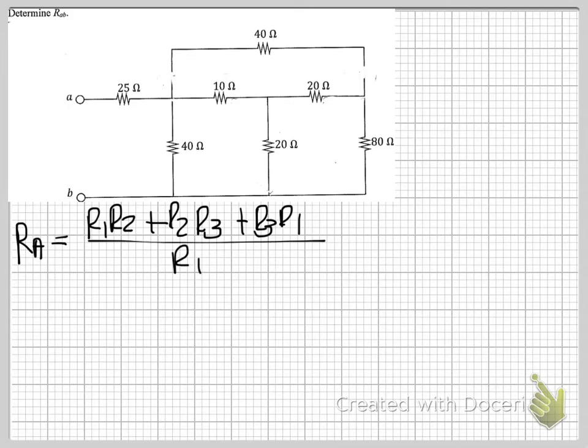So this is our equation that we're going to be working with, transforming our Y into a delta, right? So this will be A, B, and C there.